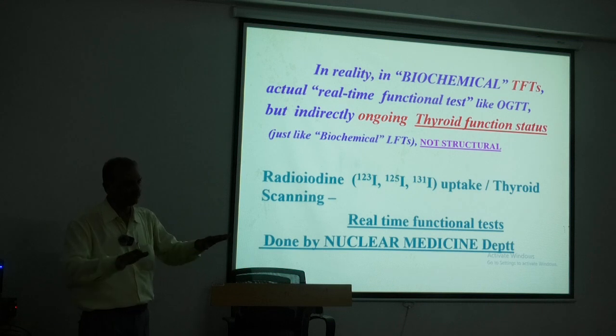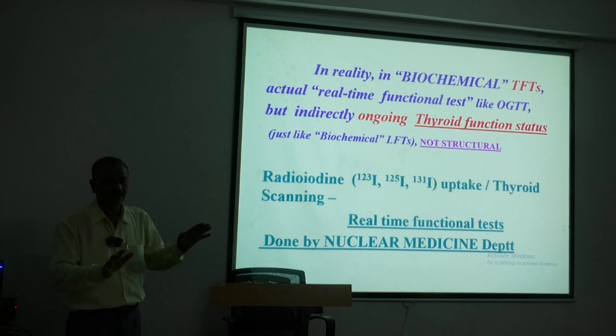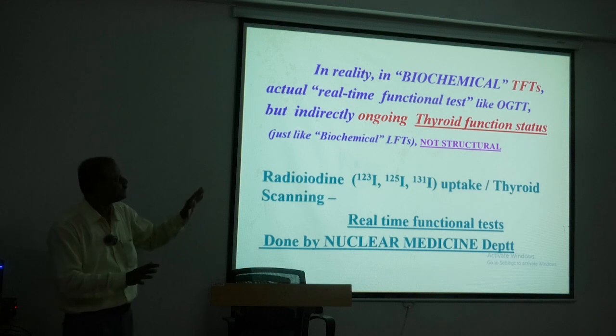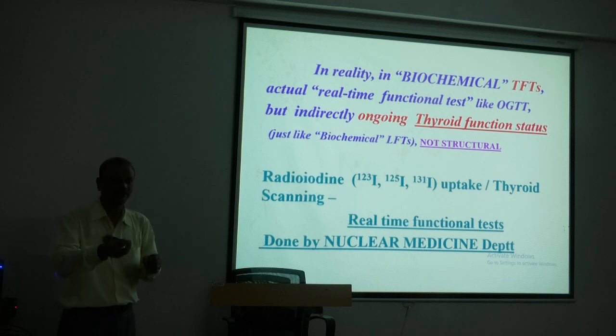And if you want to make a GTT, then real-time samples at 9:15, 9:45, 10:15, 10:45, and so on. That's real time, how the body is handling it. Here we are not really assessing that functional status. We are drawing a sample at a given point of time.